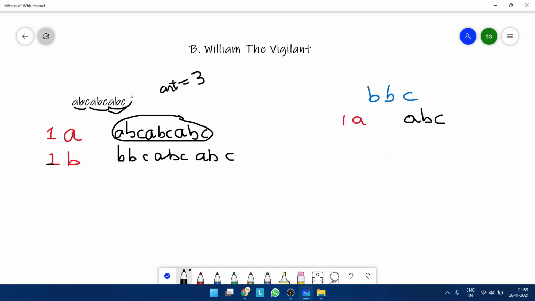This means that initially we have to replace 3 characters in the string so that our string does not contain ABC. Now, if we replace with the same character, like this one with A, our answer will still be 3 because it doesn't change anything.